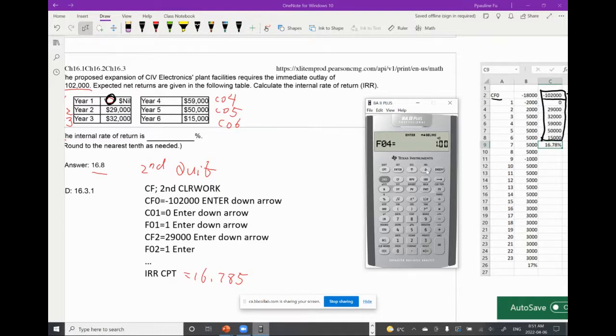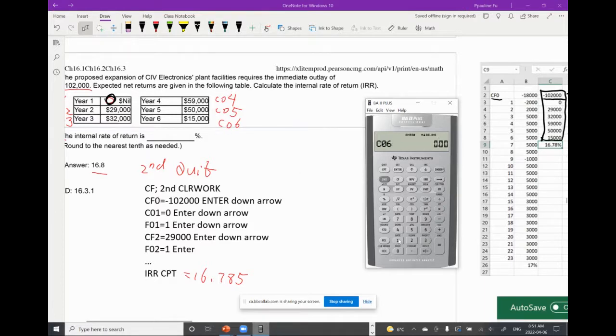Enter, down arrow key, frequency is 1, enter, down arrow key. Next is year 5, 50,000, enter, down arrow key, frequency is 1, enter, down arrow key.